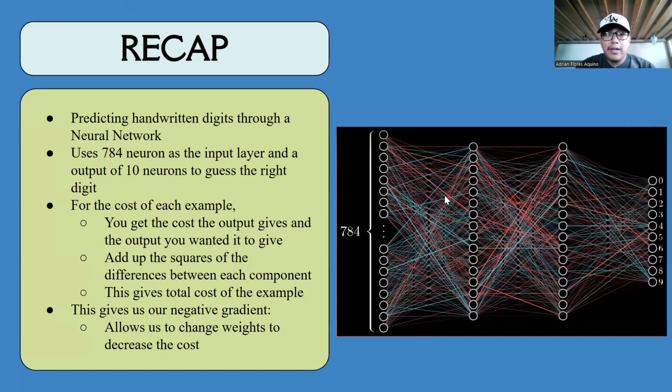The input layer consists of 784 neurons in this example. The hidden layer is where the data is processed and any patterns it should watch out for are analyzed. And the output layer consists of 10 neurons, one for each of the digits 0 to 9. So depending on what number it guesses, it'll be 2, 3, 4, and so on.